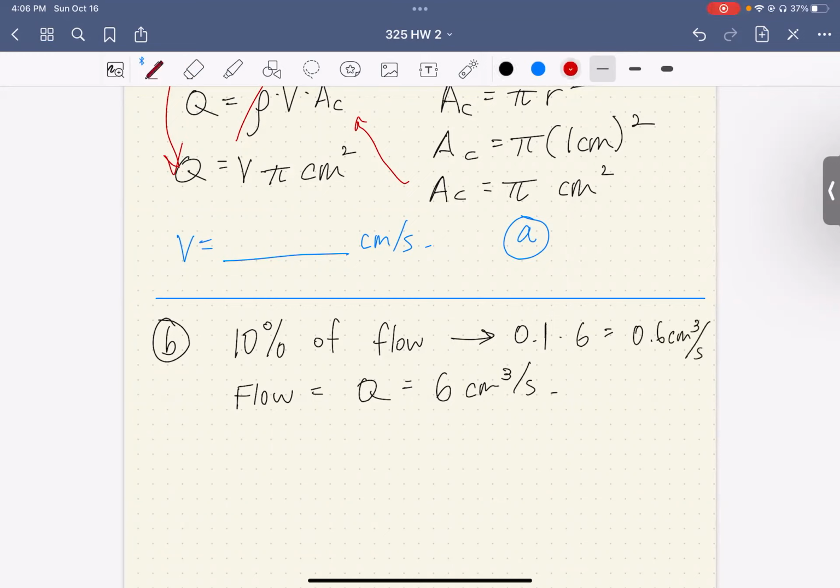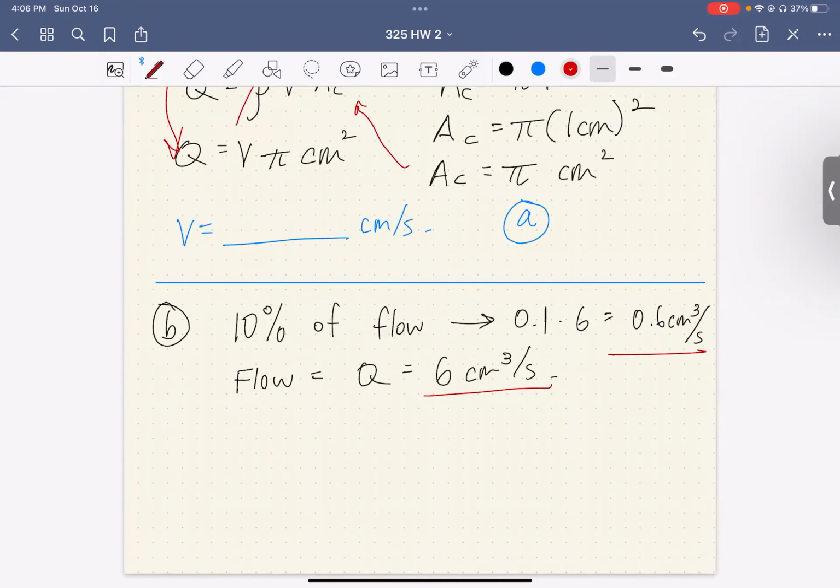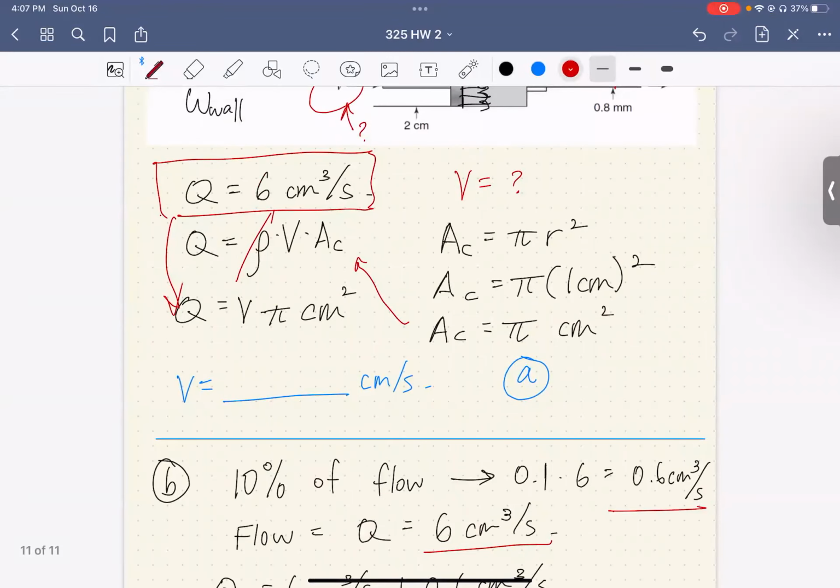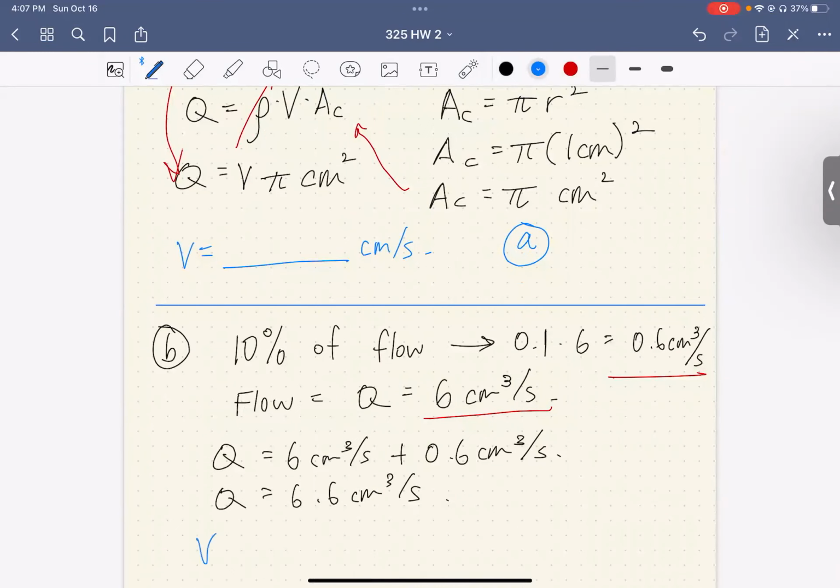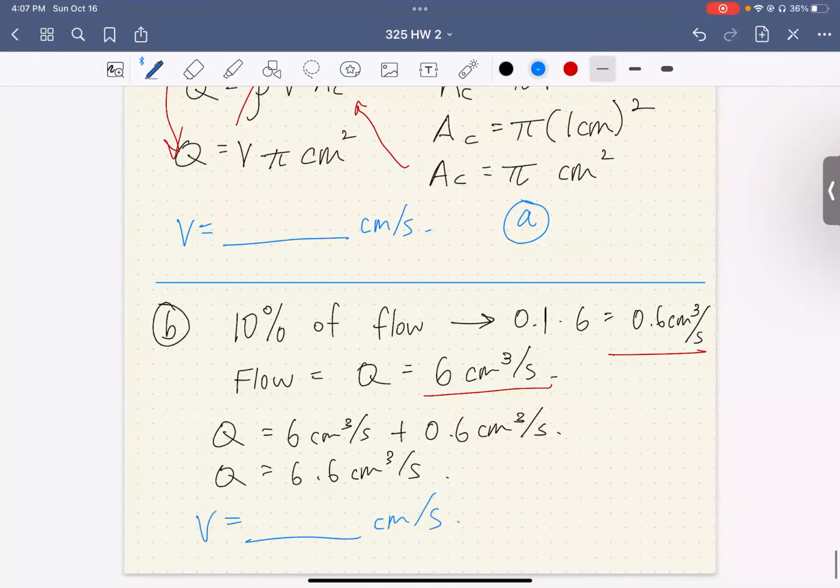So if we have this much leakage on the normal flow, that means our total flow is going to be 6 plus the leakage. Great, and then now we have our new value of Q. And we need to go through the exact same process that we did above to ultimately find V equals blank cm per second. Great, so this is the end of question number 4.